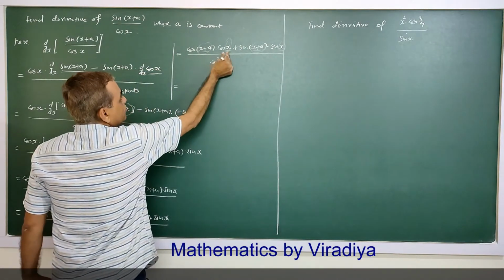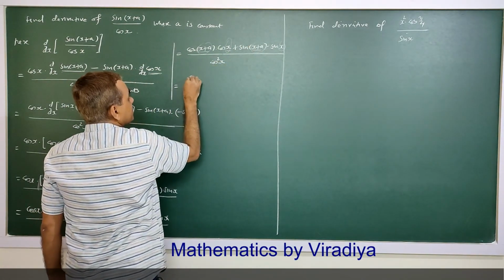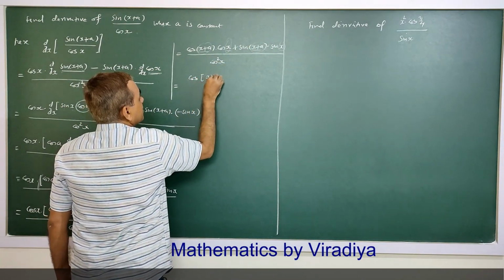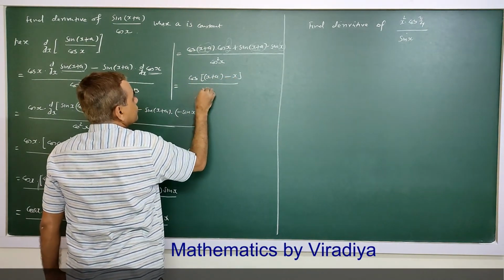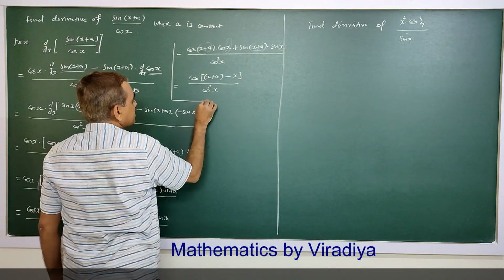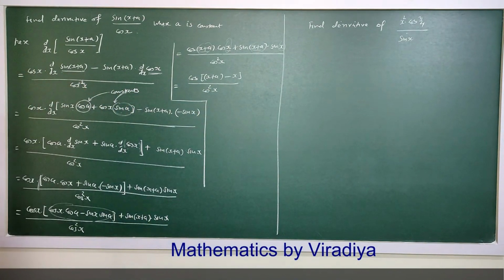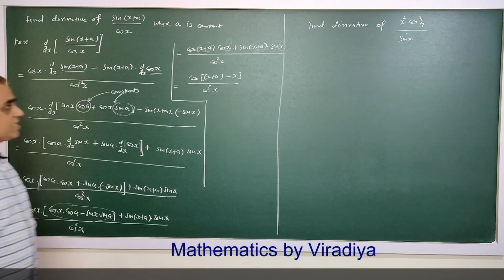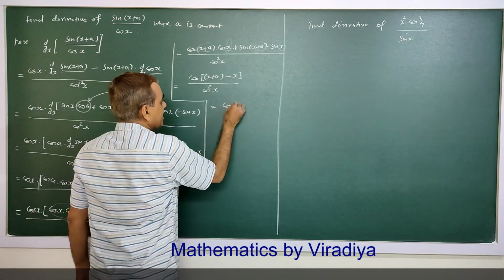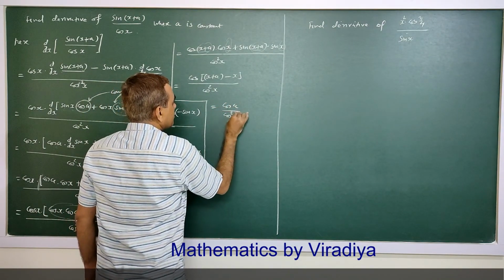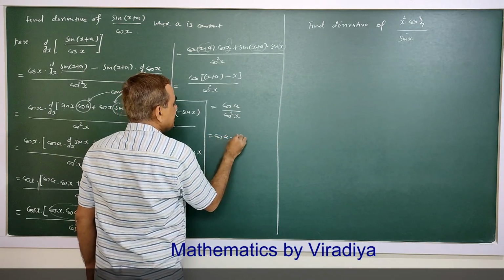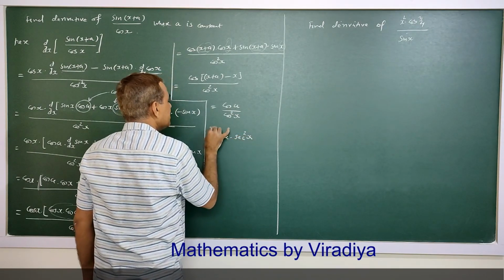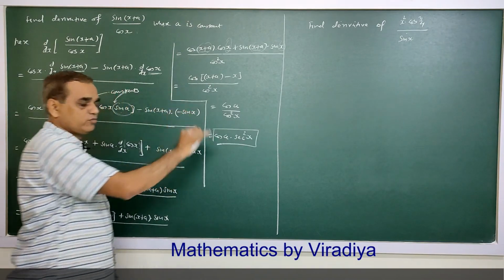So cos alpha cos beta plus sin alpha sin beta is cos of alpha minus beta upon cos square x. So this is cos a upon cos square x. That is cos a into sec square x. This is required derivative.